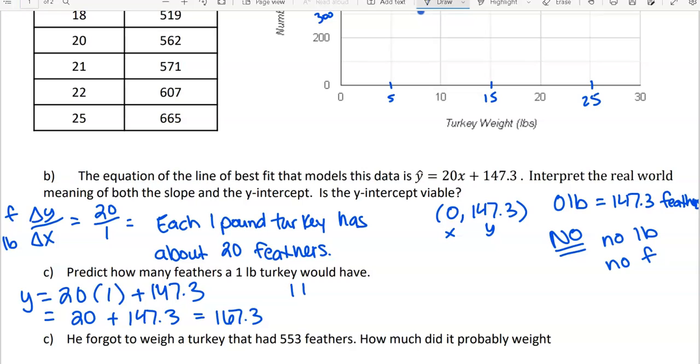So a 1 pound turkey will have about 167.3 feathers.